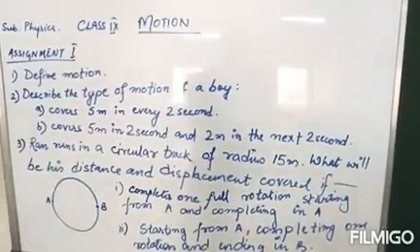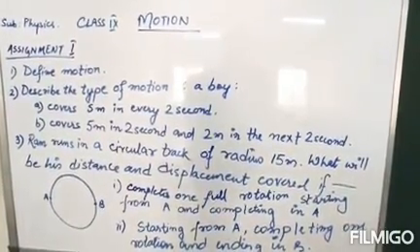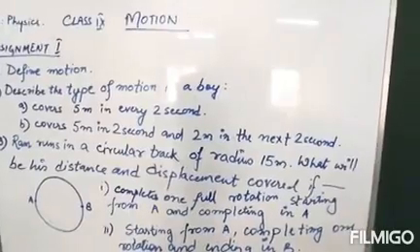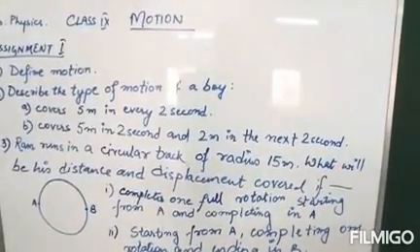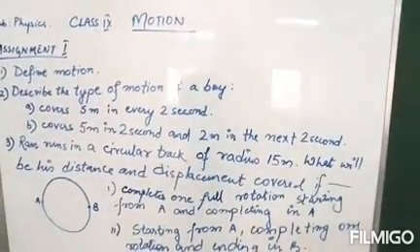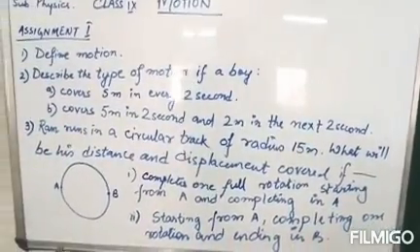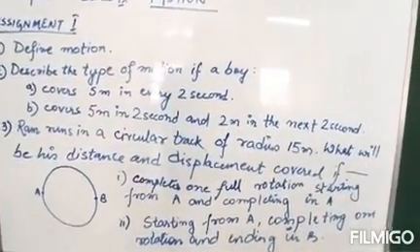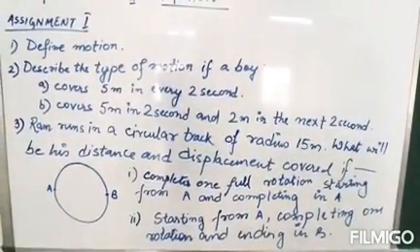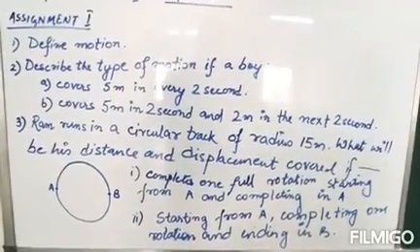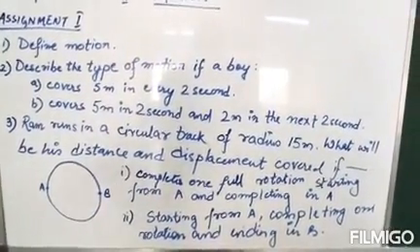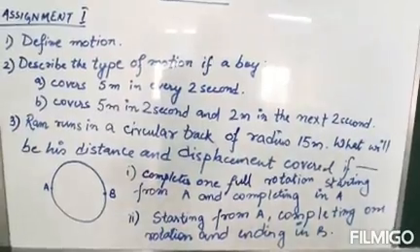Second question, if he covers 5 meters in 2 seconds and 2 meters in the next 2 seconds, you have to just mention the type of motion. Third one states that suppose a boy named Ram runs in a circular track of radius 15 meter.